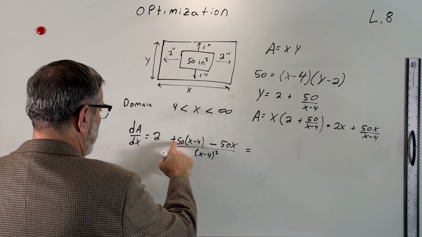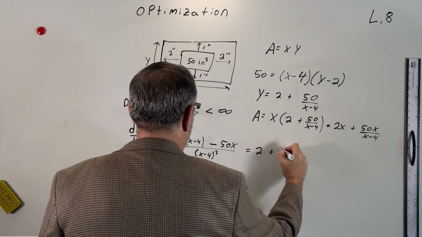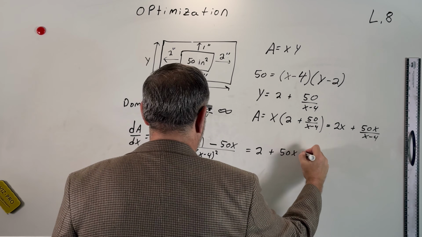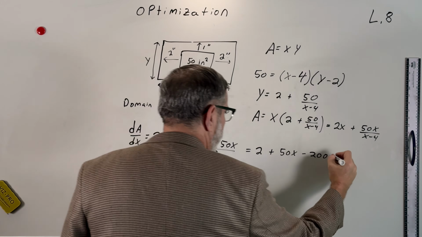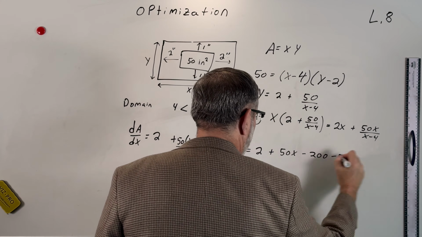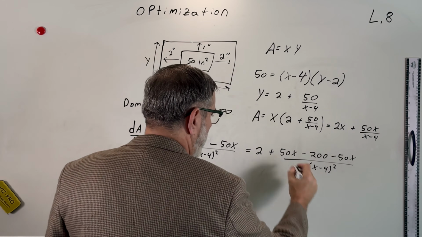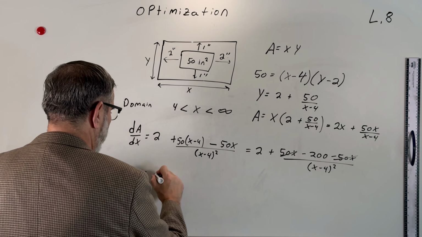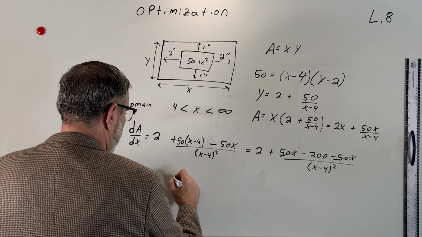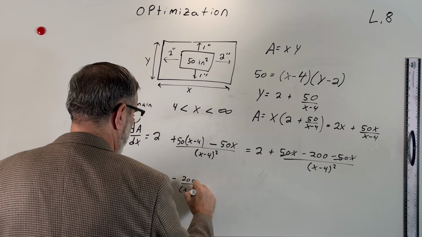And so distributing the 50 through this term x minus 4 here, we'll get 2 plus 50x minus, well, 50 times 4 is 200, and then minus 50x, all divided by x minus 4 squared. 50x and 50x go away, and so we're left with 2 minus 200 over x minus 4 squared.